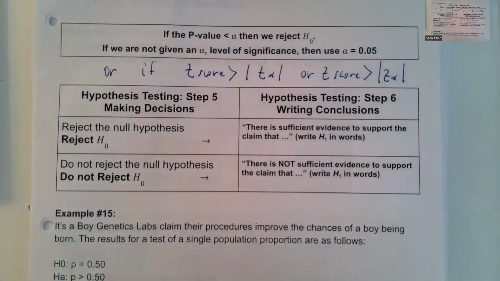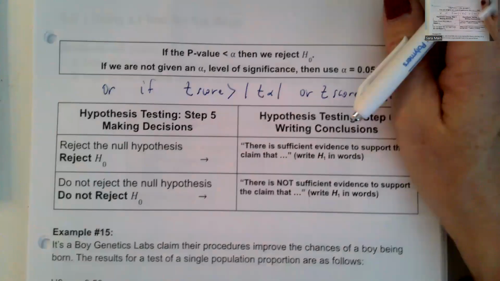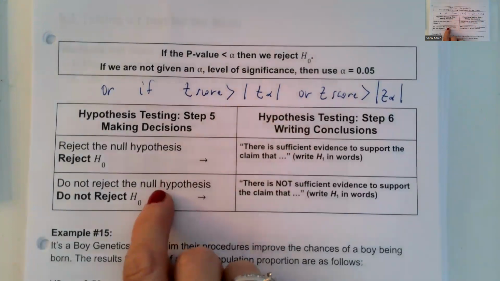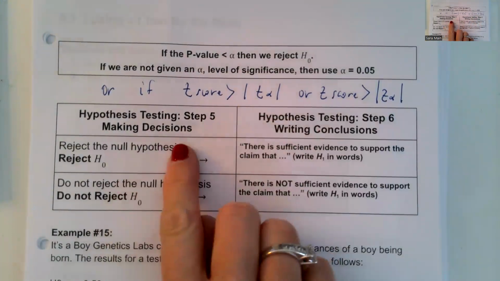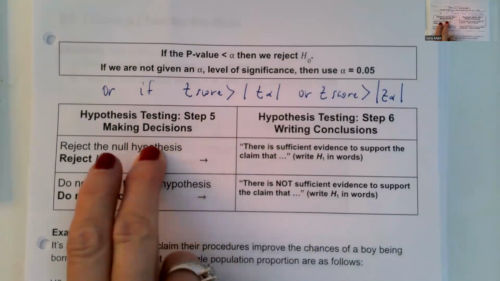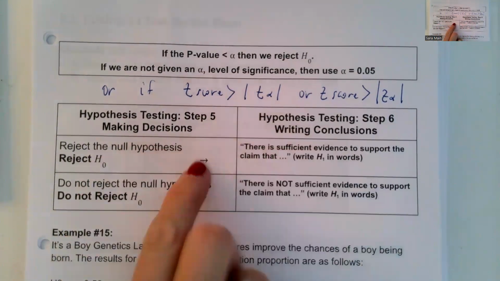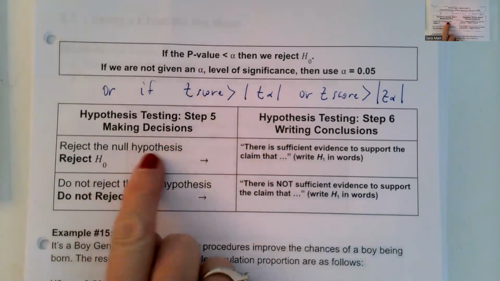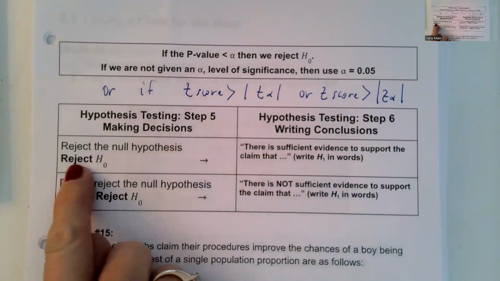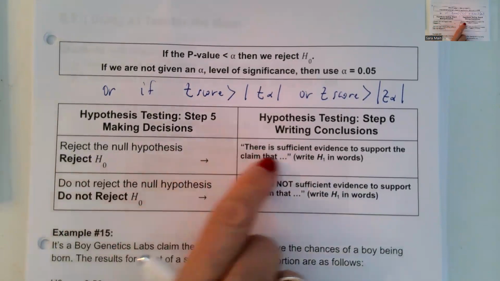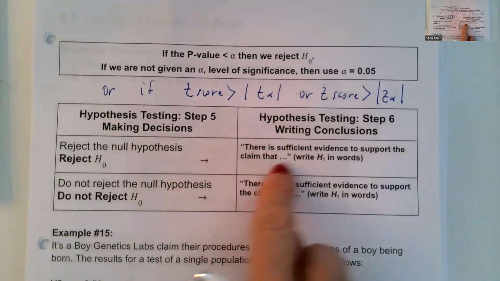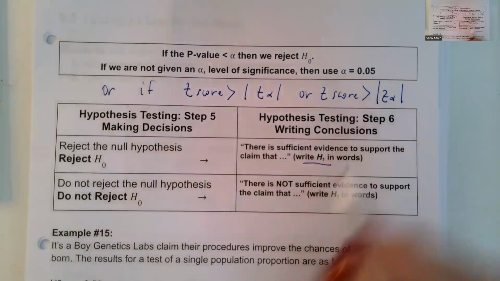So we're going to put all of our steps together. The last two steps are step 5 and step 6 of a hypothesis test. After we come up with step 5, it directly tells us what we're going to write for step 6. So if we reject the null hypothesis, we're going to say reject H0, and then we're going to write exactly, there is sufficient evidence to support the claim that, and we're talking about H1.